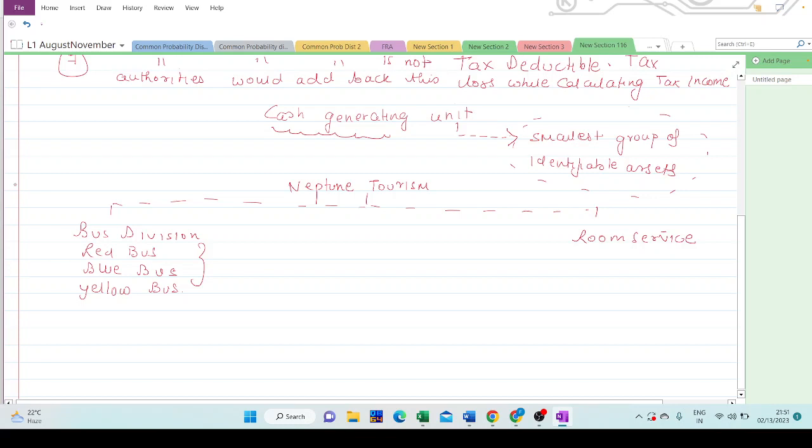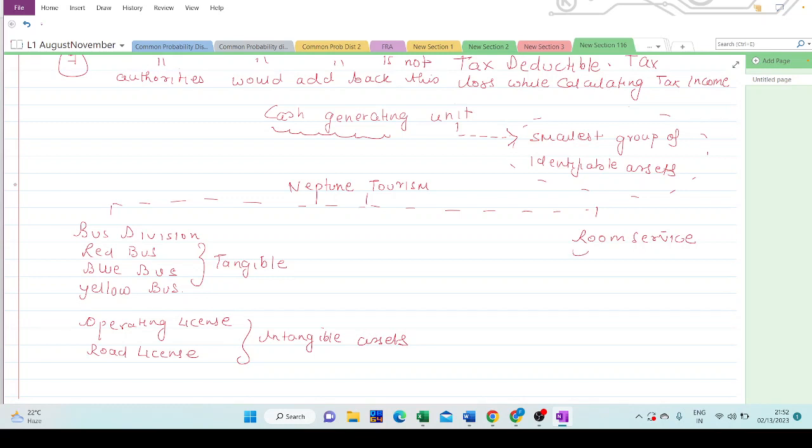So these are the tangible assets of the bus division. The bus division also has intangible assets, which are, say, an operating license and a road license. Now these are the intangible assets of the bus division.